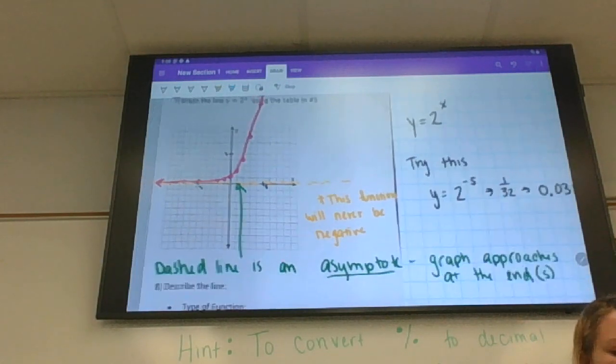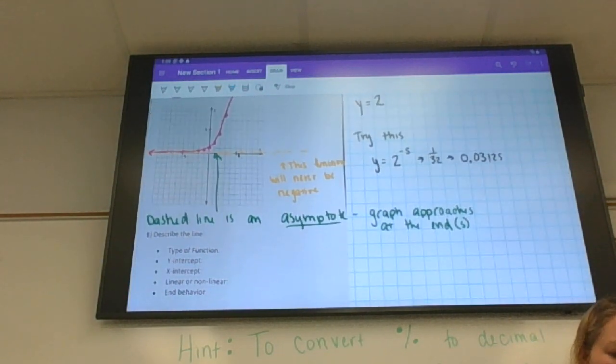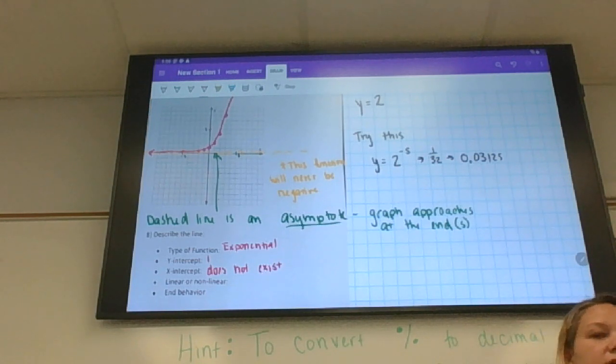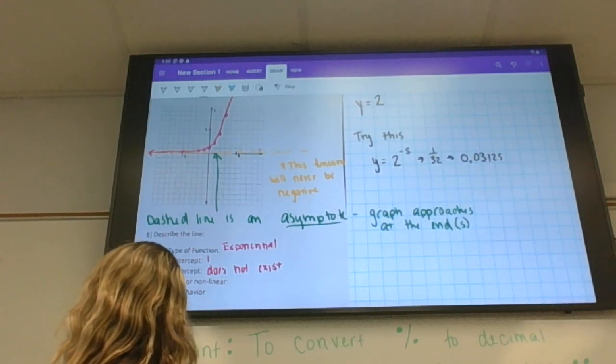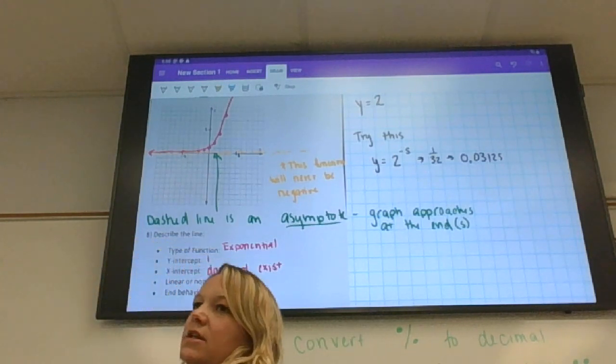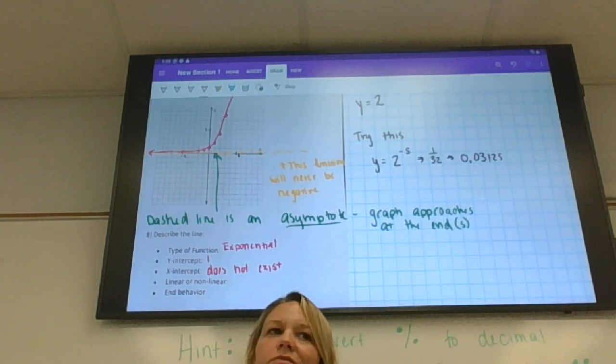Okay, so what we can say about the line, again, this is what a picture of an exponential function looks like. The y-intercept is 1. The x-intercept does not exist. The line will never cross through x. It's just impossible. You could try numbers all day long for x, and you'll never get a 0 out.